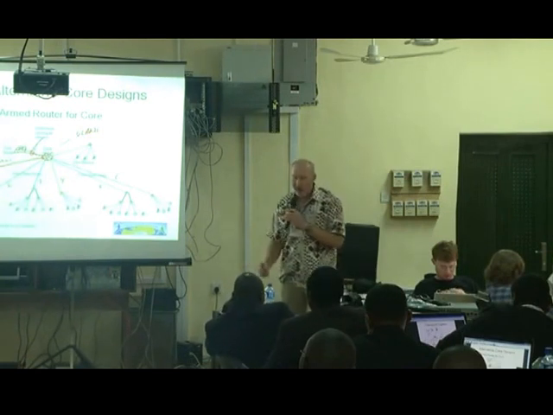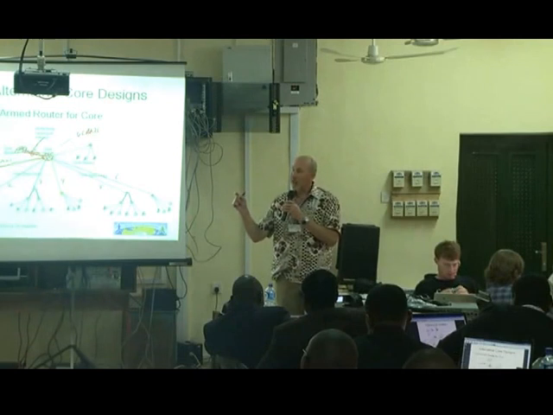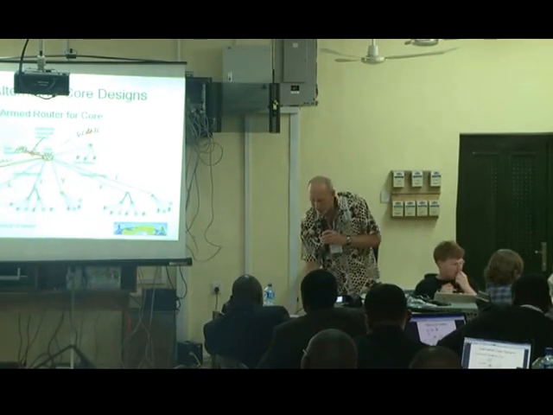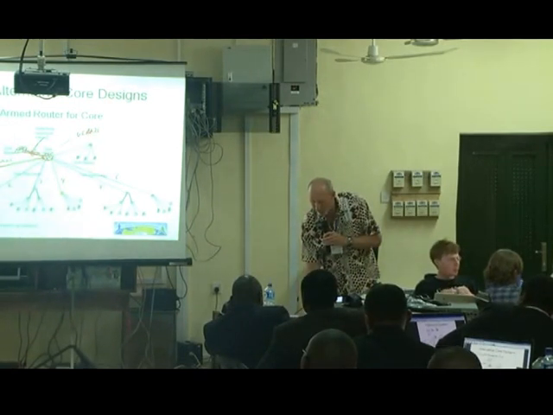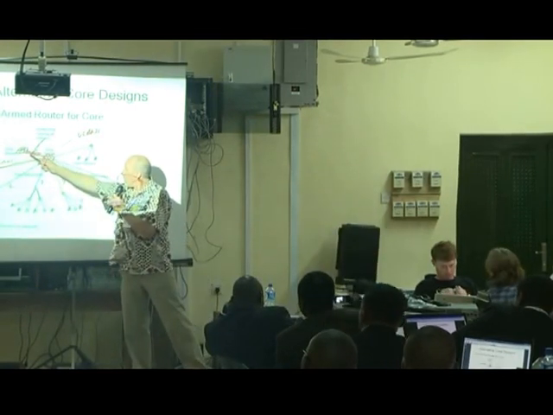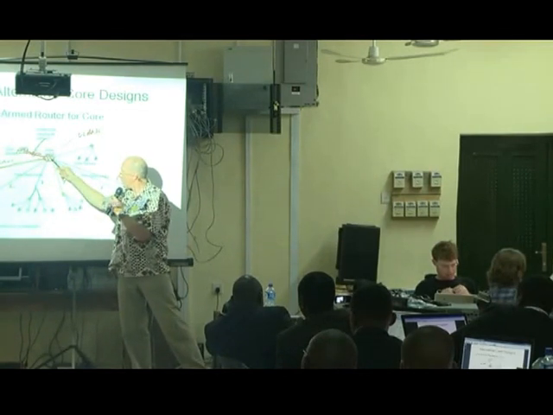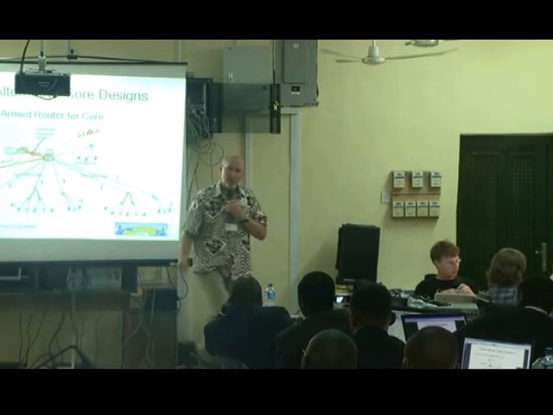Essentially on this link, we use VLAN tags so that the traffic on VLAN 1 will come up here and hit the router. The router sees that it's for VLAN 2, it changes the VLAN tag to tag 2, and it goes back down. So this is called a one-armed router.